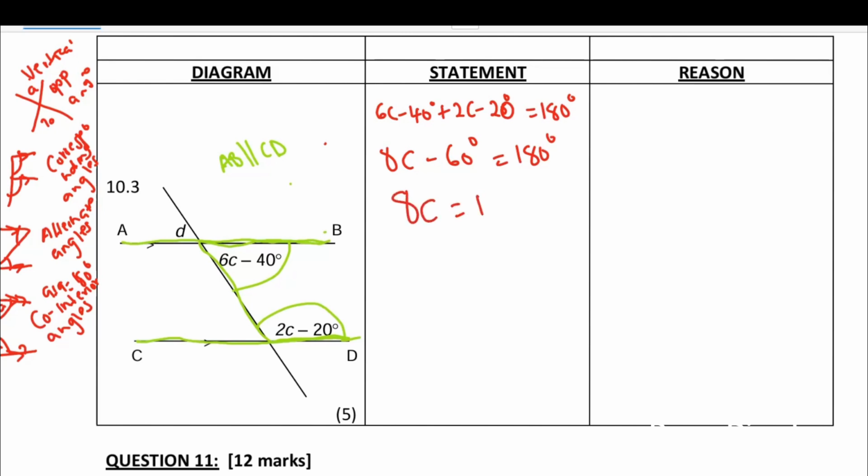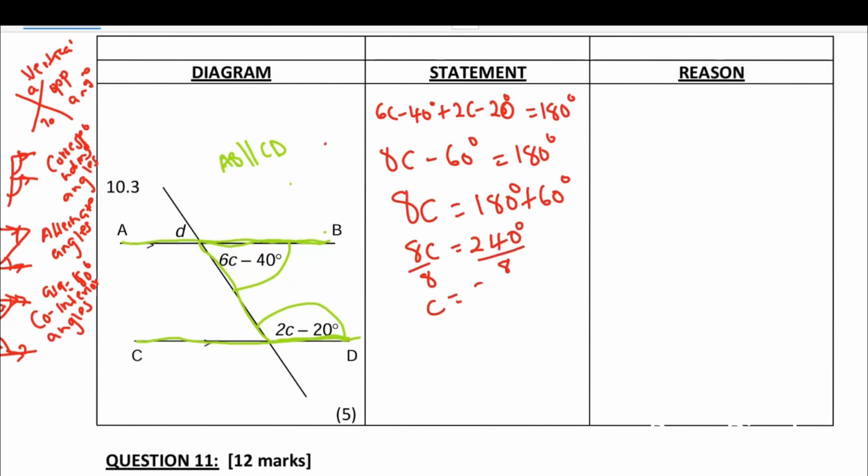8C is going to be 180 degrees plus 60 degrees. 8C equals 240, and then I will divide by 8.